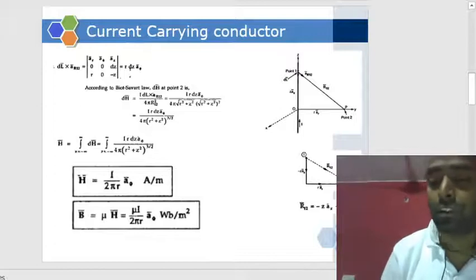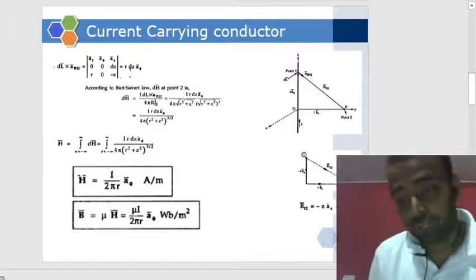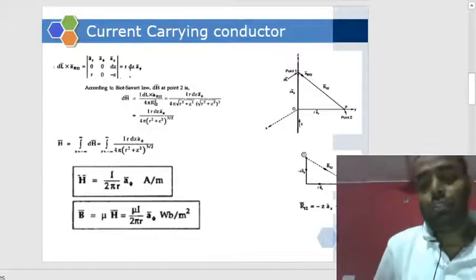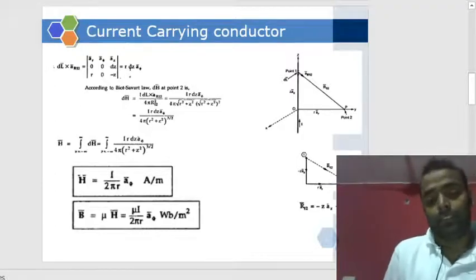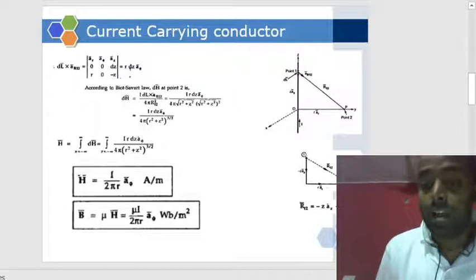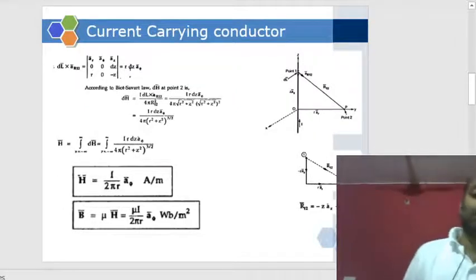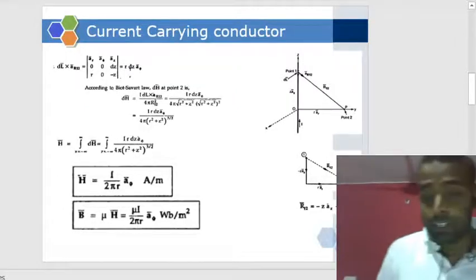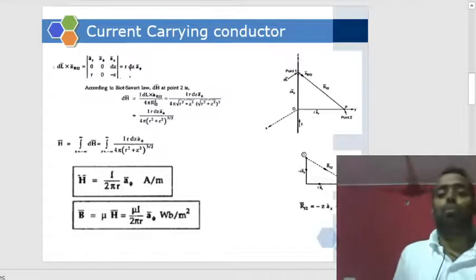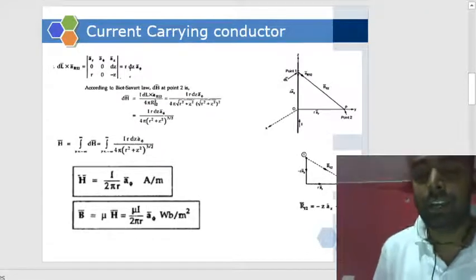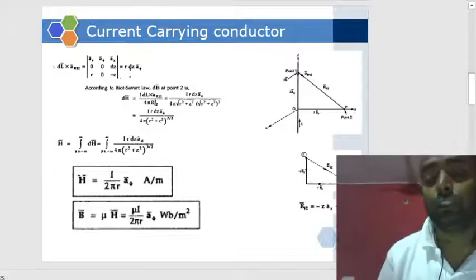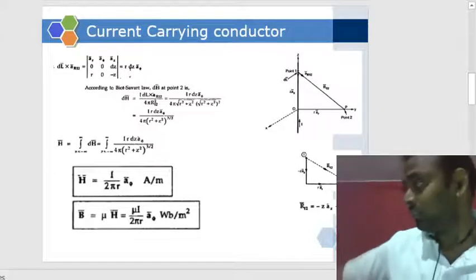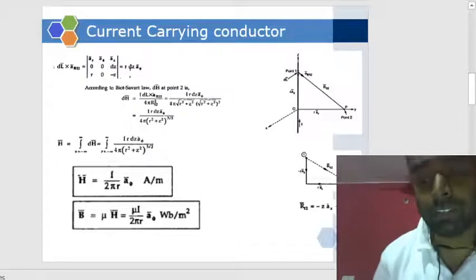A combination of x and y will also work. So you can take it on any of these axes. Now of course, because of this current carrying conductor, where current is flowing from bottom to top, first let me know the direction of the field.